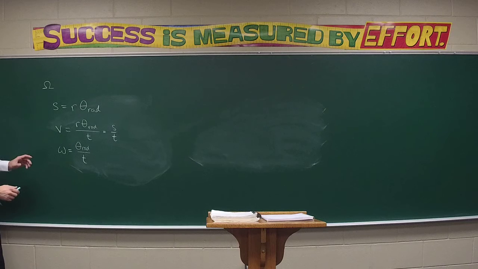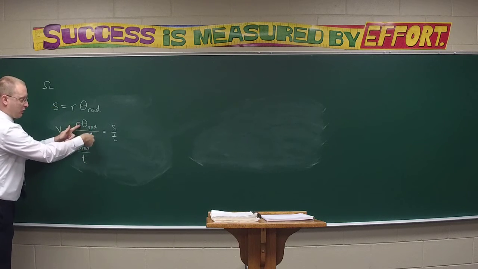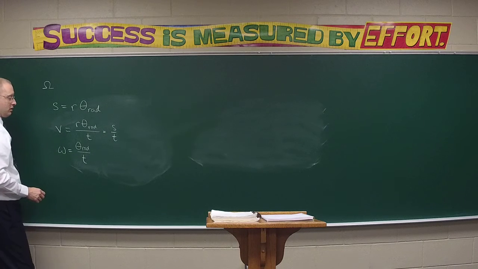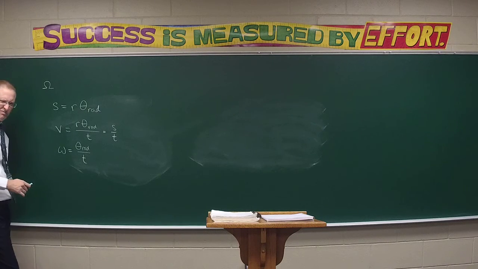And if we tie these 2 equations together, remembering that theta rad over T is omega, that gives us another equation for linear velocity. V equals theta rad over t times R. V equals R omega.